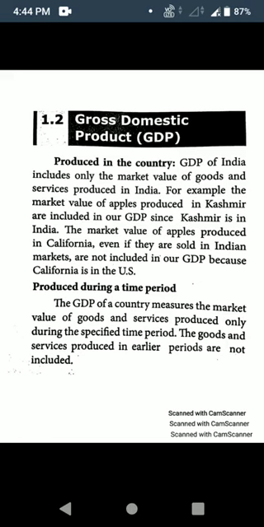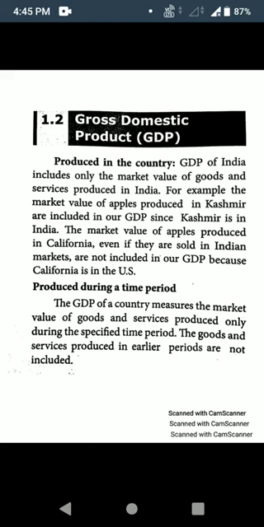Okay. At the same time, the apple which is produced in California is not included in GDP. Why? Because California is in US. It is in another country. Are you clear? So GDP of India includes only the market value of goods and services produced in India.